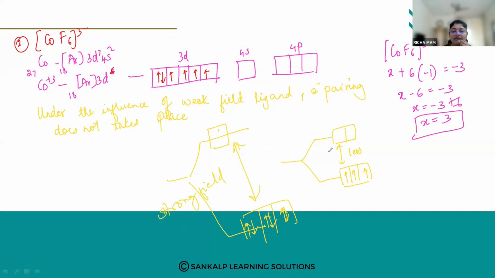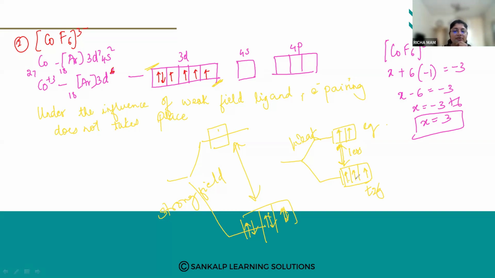Now, when you have a weak field ligand, what will happen? When the splitting of the d orbitals takes place, I'm representing these d orbitals: they are divided into t2g and eg orbitals, three orbitals down, 2 orbitals up. That time the distance is very less, so the fourth electron can easily go above.